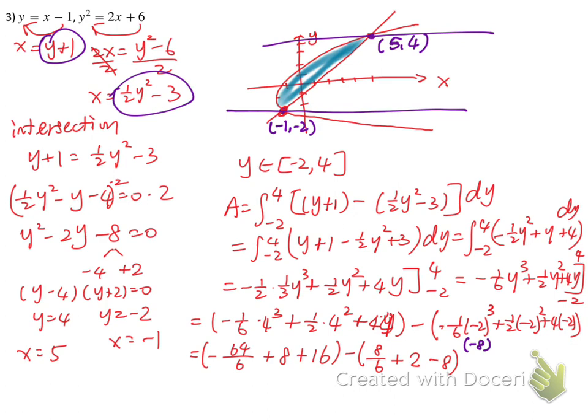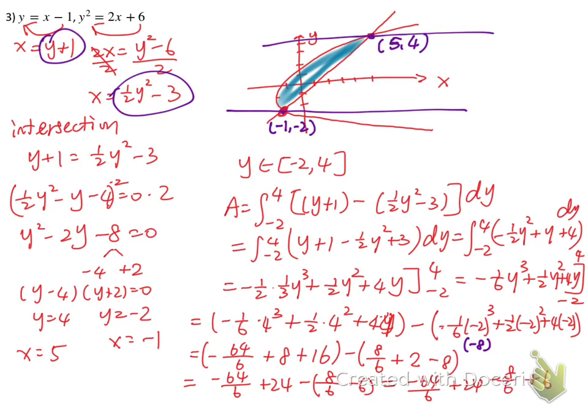So this is -64 over 6 plus 24 minus, well, I can't fit it here. Let's go here. So this is -64 over 6 plus 24 minus 8, 6 plus 6.